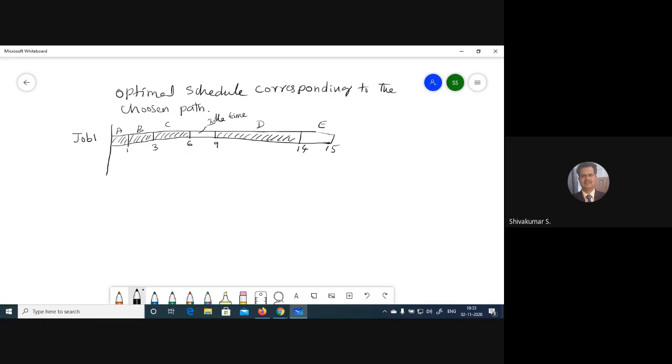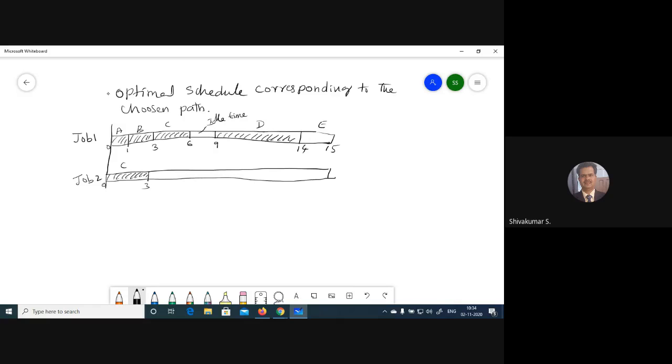Similarly, you would draw for job 2 also. For job 2, draw once again a bar chart up to 15 here. Both should be the same, right? So first in the sequence C, it is 3 hours, so 0 to 3.